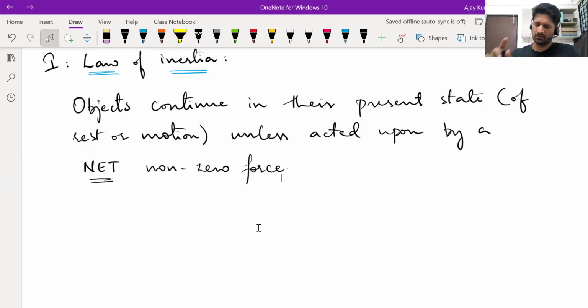So now the law states that objects continue in their present state of rest or motion unless acted upon by a net force. Now we see that the statue is continuing to be at rest. What can you say about the forces acting on it? Are there any forces or are there no forces? There are no forces acting on it.